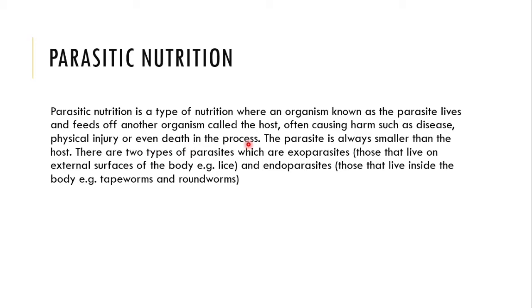So a parasite, first of all, lives and feeds off another organism called the host. It will live on the body of the host and it will feed off the body of the host.